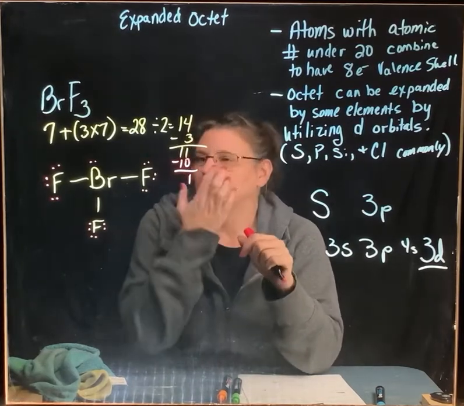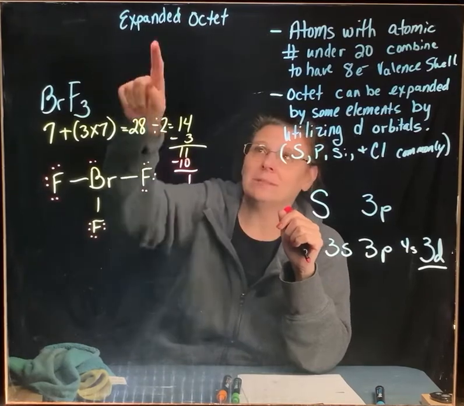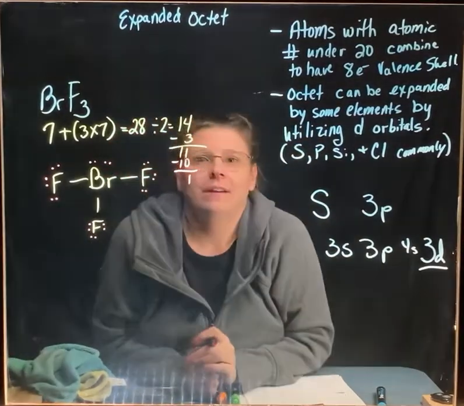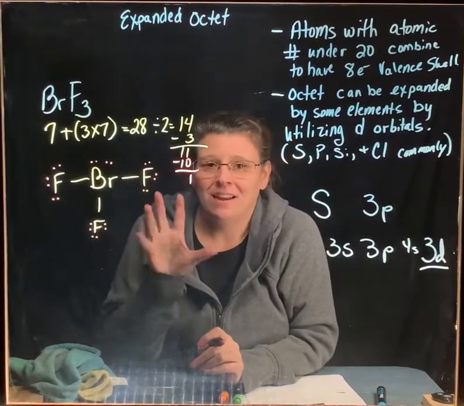So since bromine will expand its octet, we can add some more electrons here, which gives bromine 10 valence electrons.